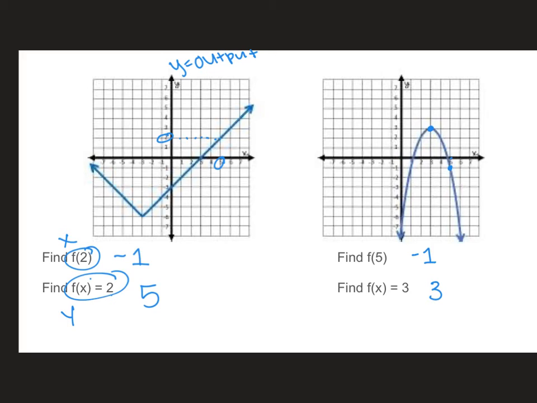You're just looking at the graph. You're either looking at the x or the input, or the y, the output again. Okay? So you can do it either way. You can either find f of something or f of x equals something. You still just have to go and see what value it matches up with on that graph.